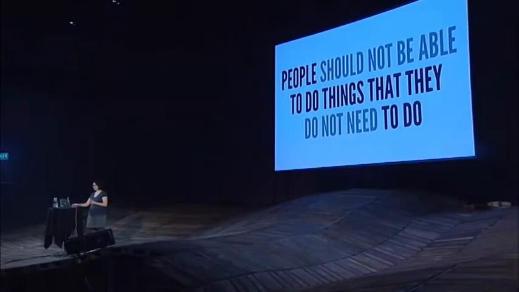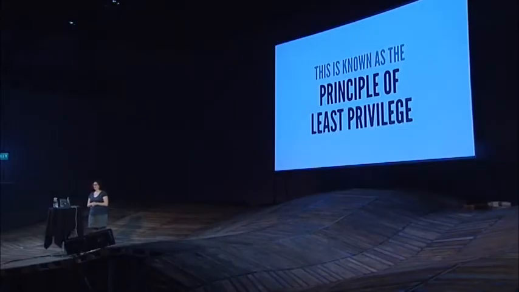However, there's another concept that came out of the 1970s, and that is people should not be able to do things they do not need to do, which isn't about trust. And this is known as the principle of least privilege. And the principle states that an agent must only be able to access information and resources that are legitimately required for its purpose.